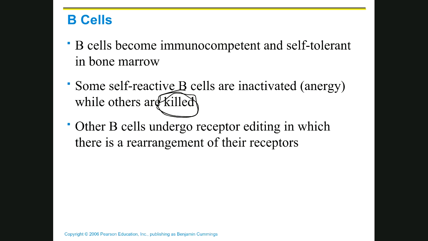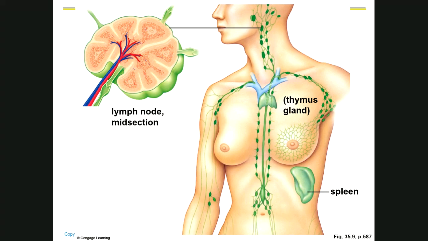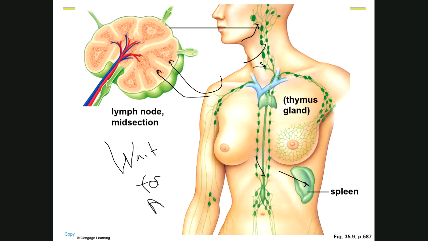You don't want those cells hanging around. If they do pass both tests, B cells leave the bone marrow and they go to some lymphoid tissue. They go to tonsils, they go to lymph nodes, they go to the spleen, and basically they just sit there and wait. And what they're waiting for is an antigen that matches.